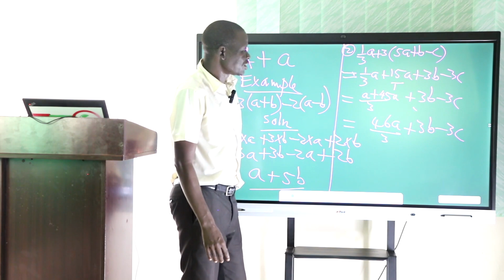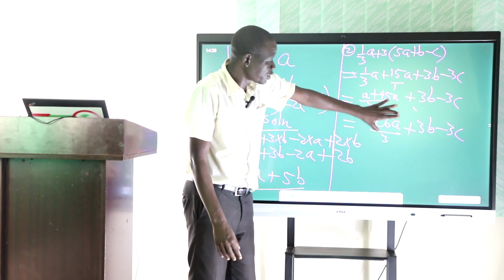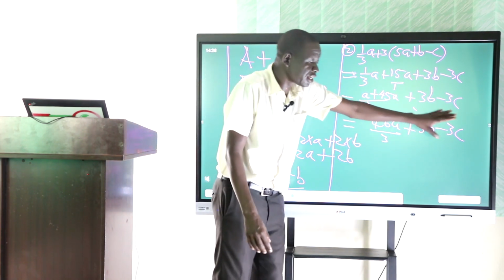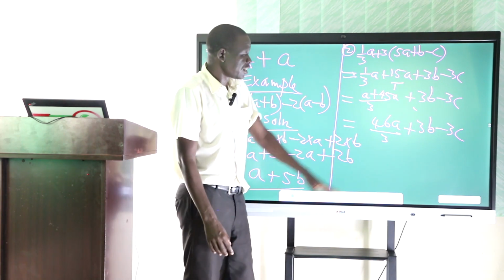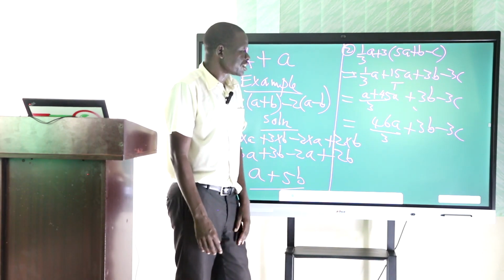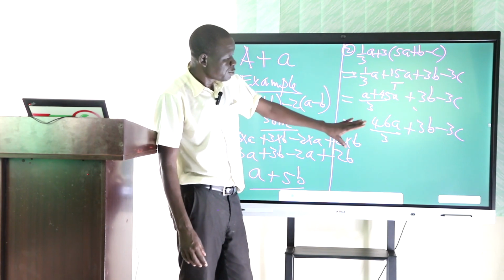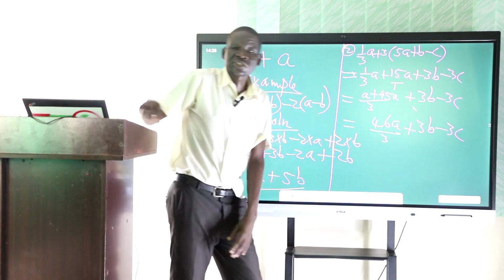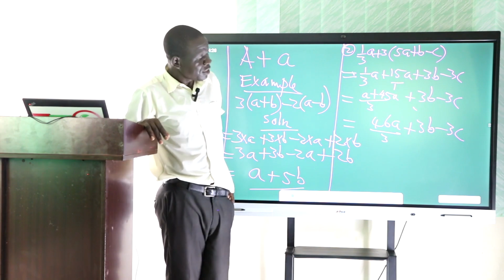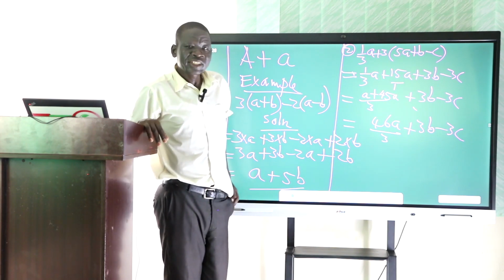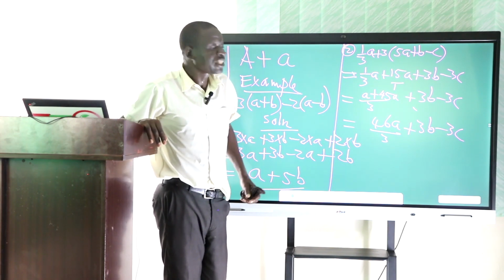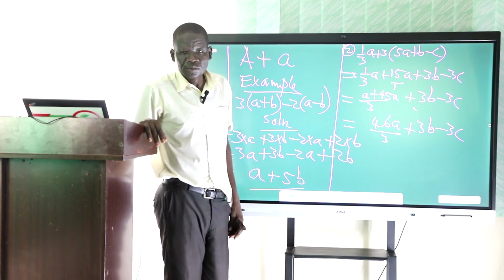So we can see that this expression consists of now unlike terms. Now, in most cases, an expression which is in this form is not simplified. To simplify it, we have to write it such that all the terms have the same denominator.